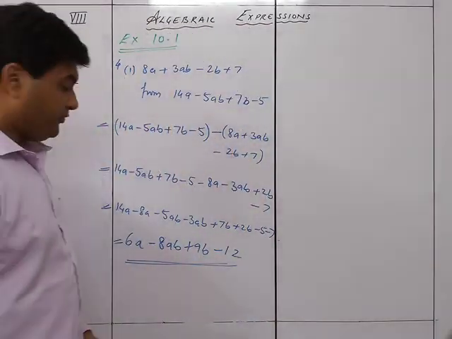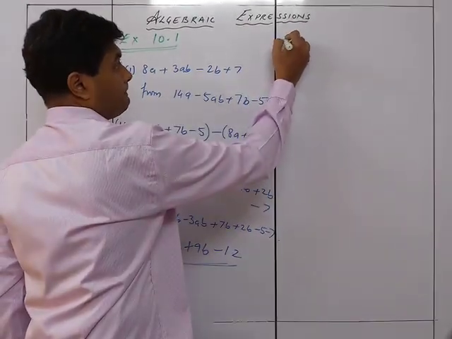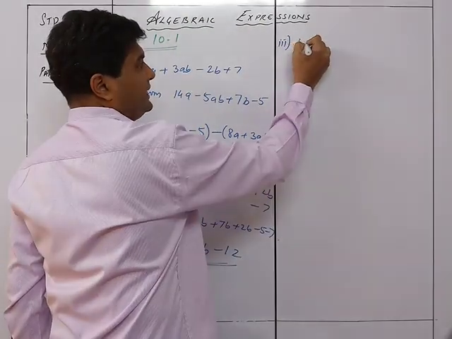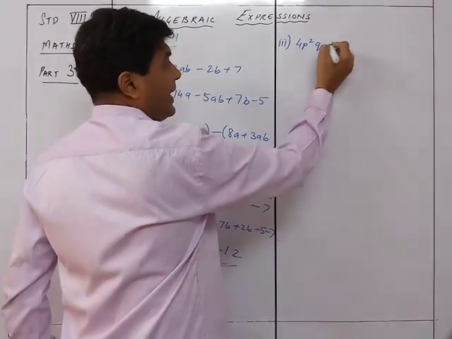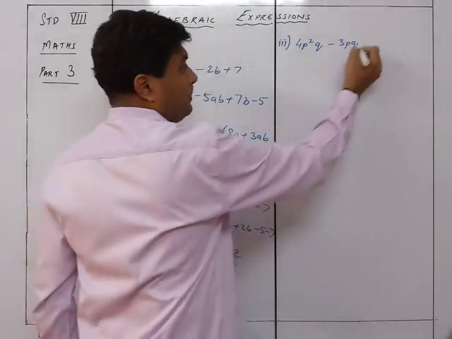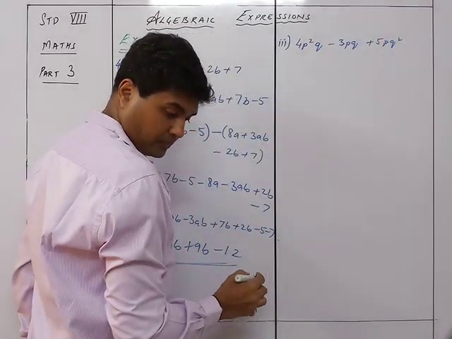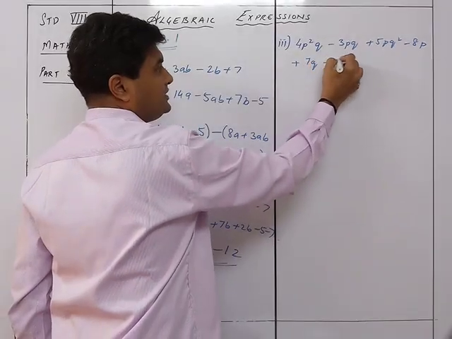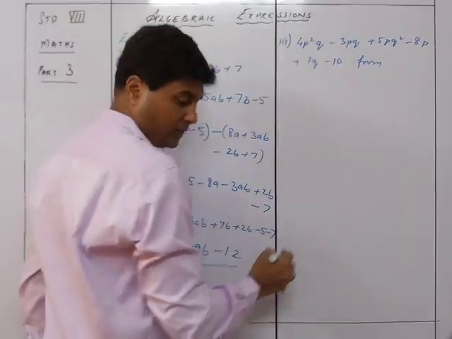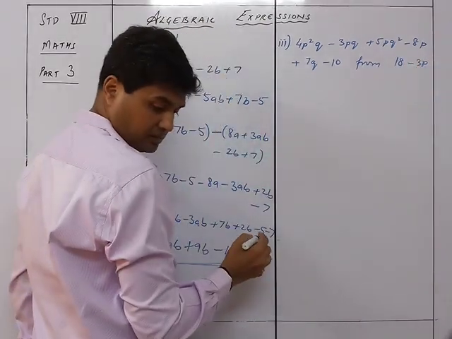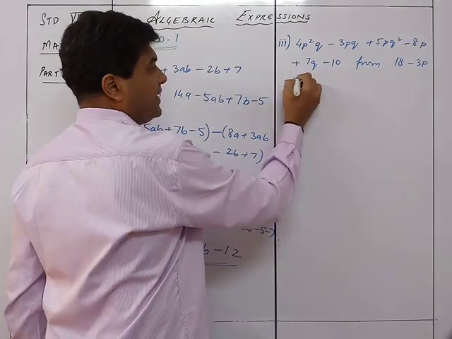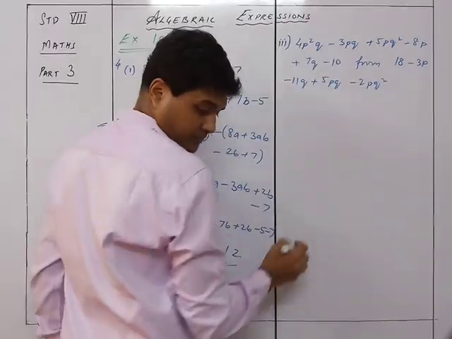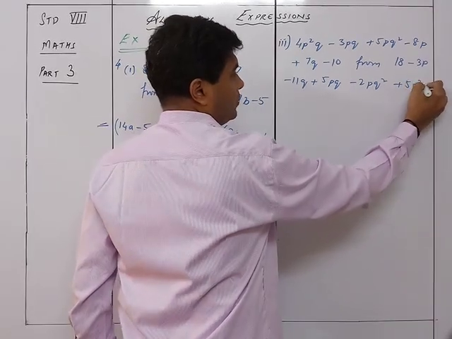We now move on to sum number 4, third. The question is: subtract 4p square q, minus 3p cube, plus 5pq square, minus 8p plus 7q minus 10 from 18 minus 3p minus 11q plus 5pq minus 2pq square plus 5p square q.